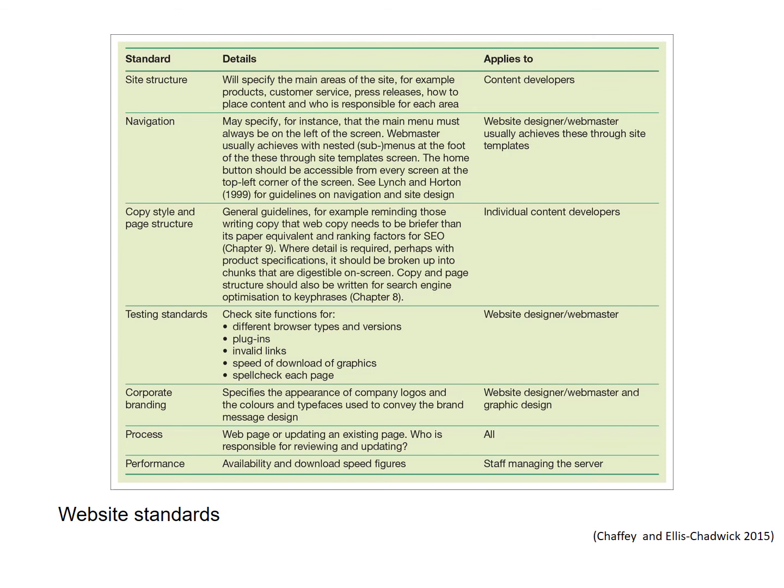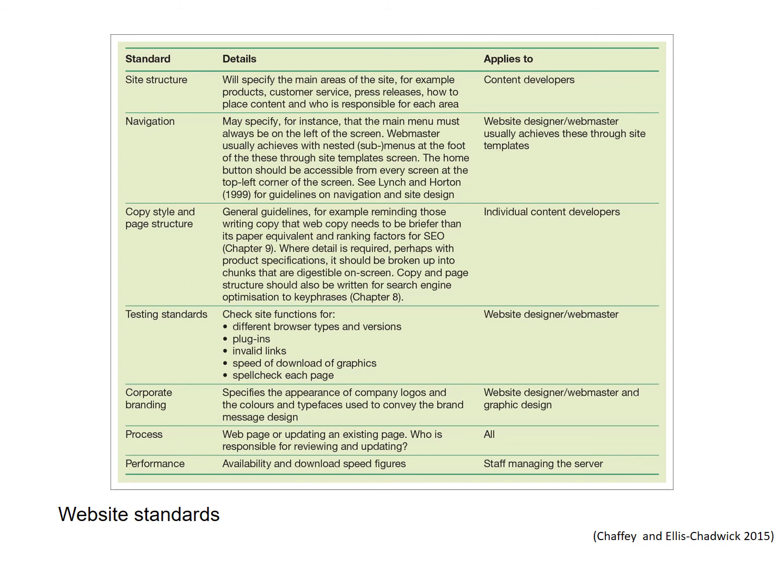If we look at the standard for the copy, style and page structure, the details are general guidelines, for example, reminding those writing copy that it needs to be briefer than its paper equivalent, and the ranking factors of SEO. Where detail is required, perhaps the product specifications, it should be broken up into chunks that are digestible on screen.